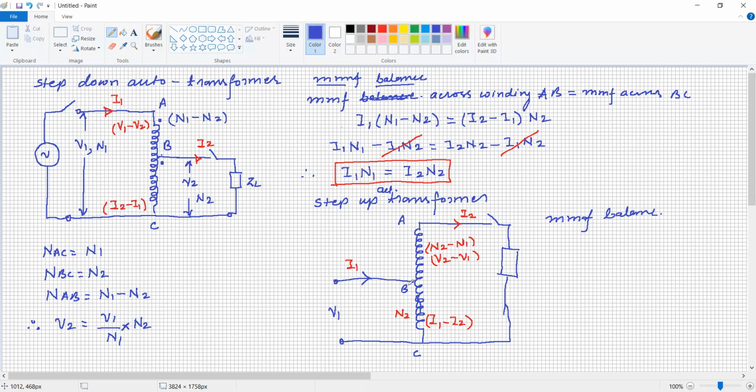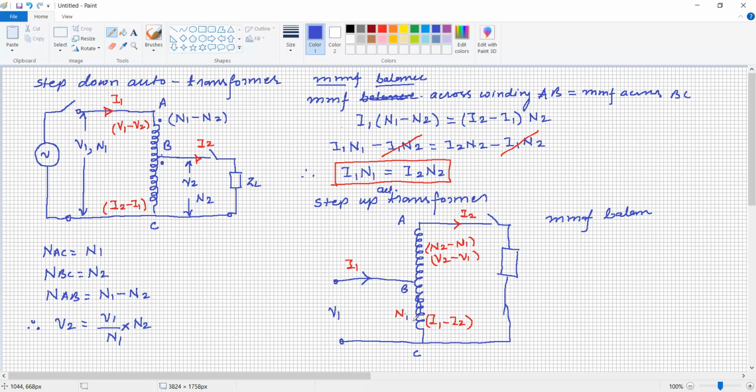The MMF balance A to B is equal to B to C, isn't it? Sorry, this is wrong. Here the total number of turns is N2, that is correct. Here it is wrong, it is N1.